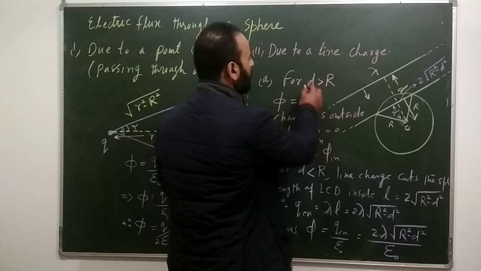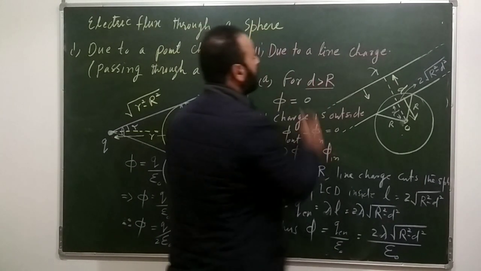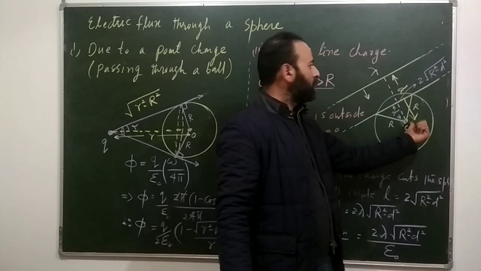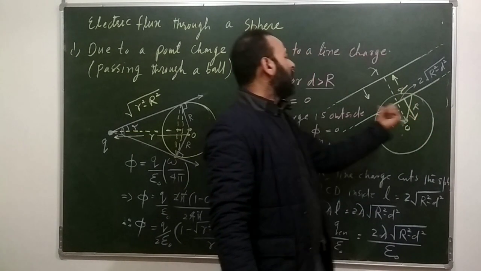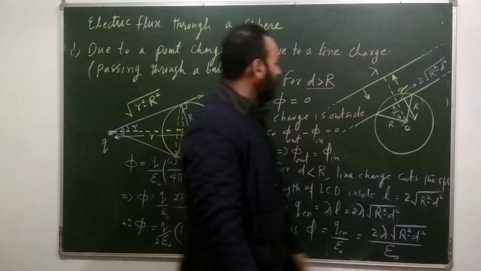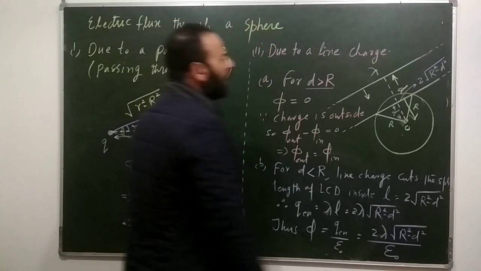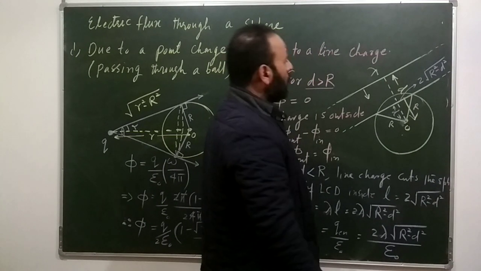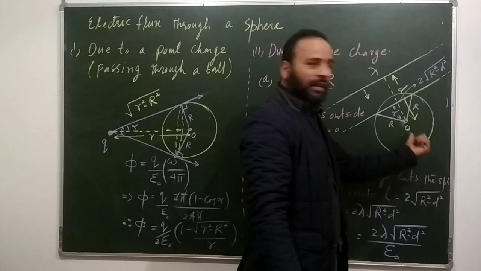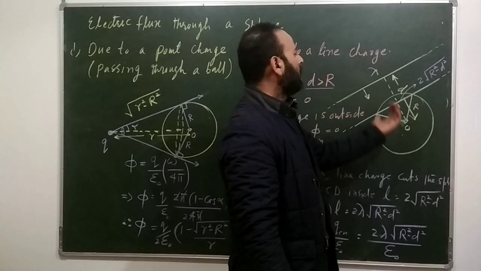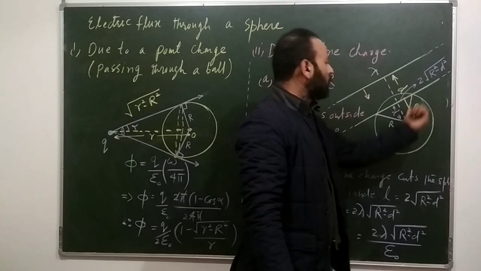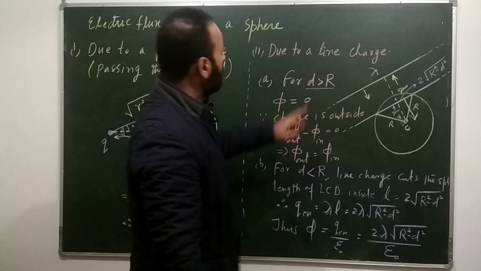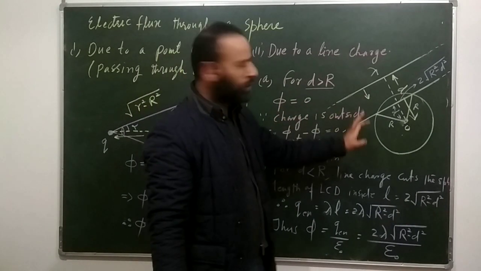For d greater than r, where d is the distance from the center of the sphere to the line charge and r is the radius of the sphere, the line charge is outside the sphere. So the charge enclosed in the sphere by Gauss's theorem is 0, so the flux through the sphere is phi equal to 0, because the charge is outside.